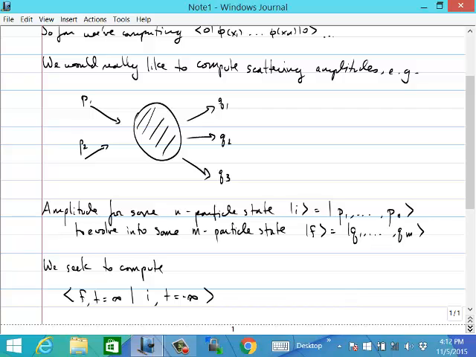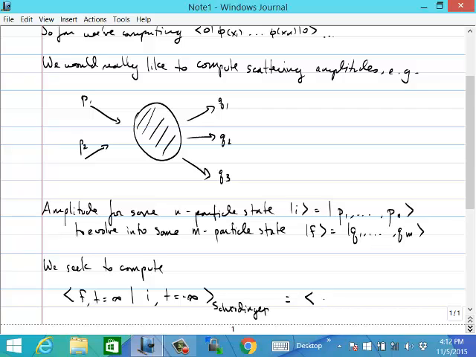Now implicitly, I should make one comment here, which is that implicitly in this formula, I'm using the Schrodinger picture because I'm talking about states evolving in time. But usually in field theory, we actually work in the Heisenberg picture, where it's not the states that evolve in time, but rather operators that evolve in time.